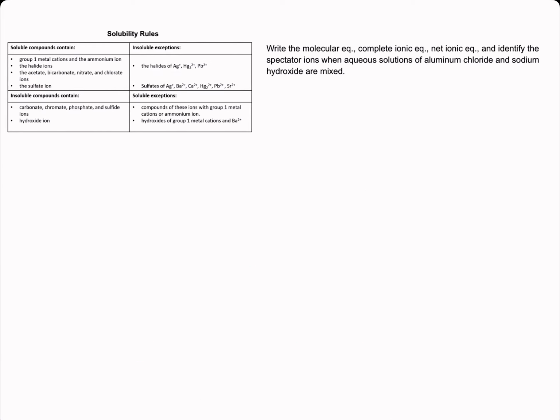Let's do another example. Write the molecular equation, complete ionic equation, net ionic equation, and identify the spectator ions when aqueous solutions of aluminum chloride and sodium hydroxide are mixed. I have to label my equations.